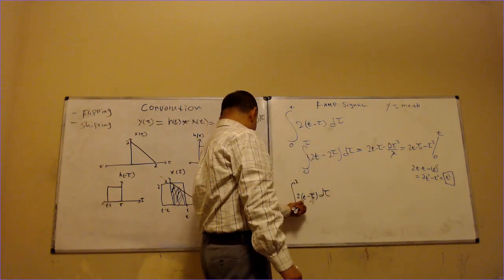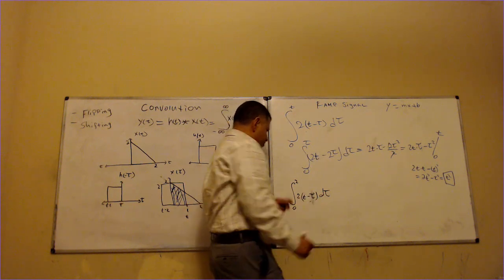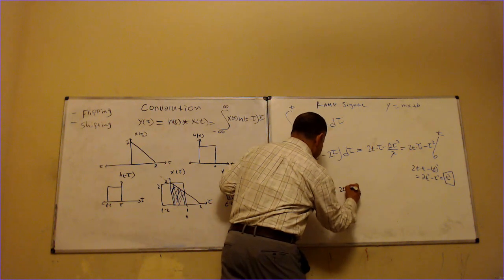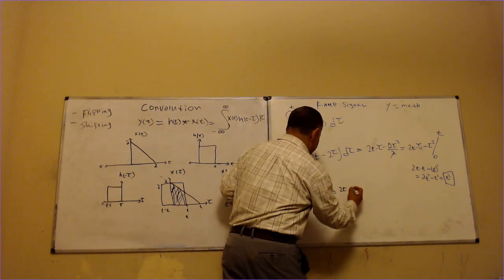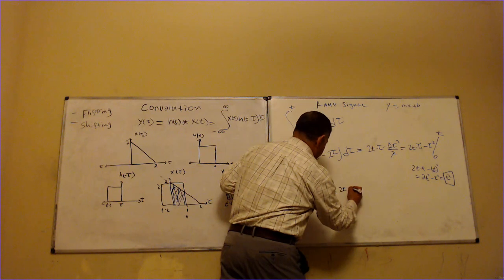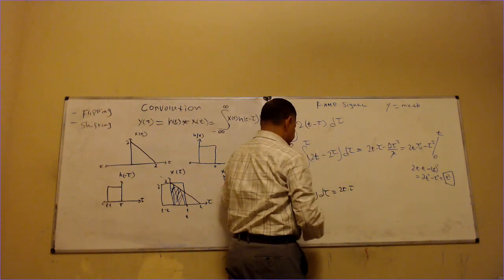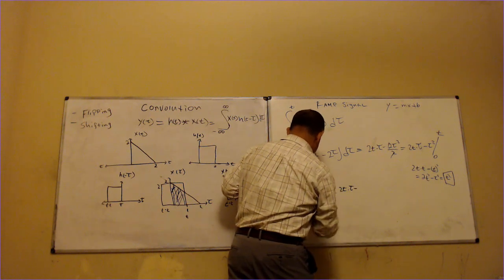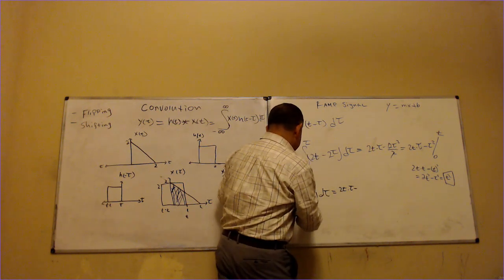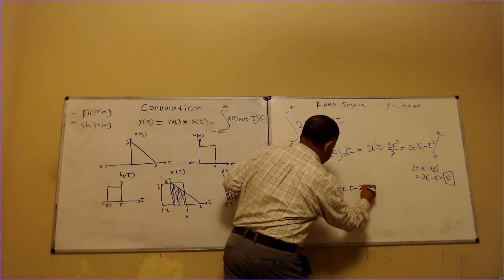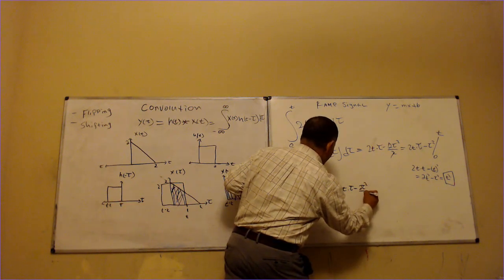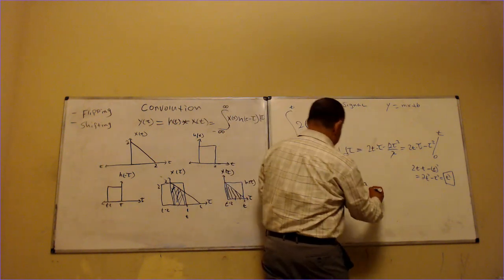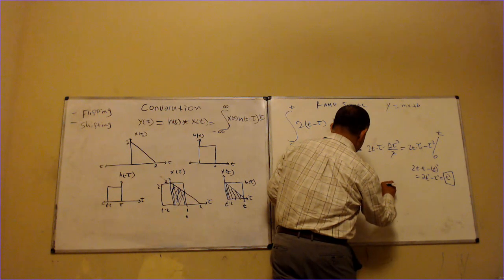So when I do that, I get the following. I get 2t times tau, minus. When I integrate that, it becomes again 2 tau squared over 2, and that becomes 2 tau.